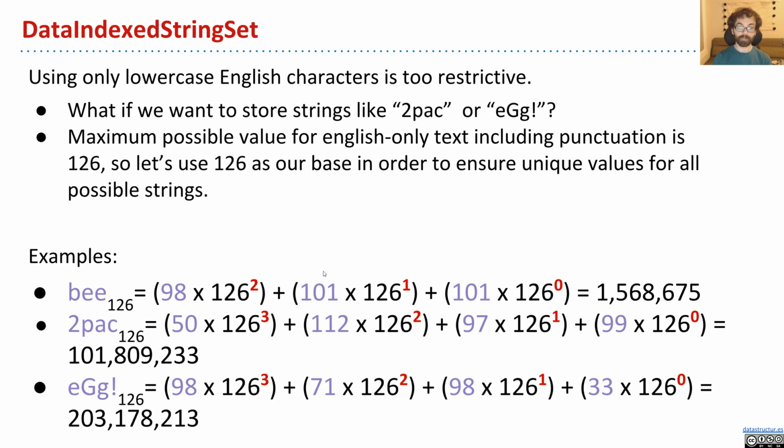E would be 101 times 126. And then the second E is 101 times 1, which gives me a much larger value than we got before. In this case, a little over 1.5 million. Tupac has a numerical representation, and egg has a numerical representation. And they're guaranteed to be unique for all different ASCII strings.